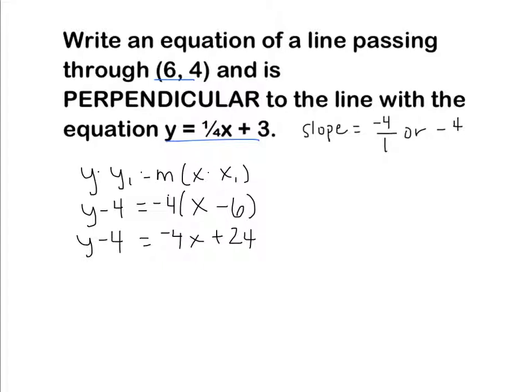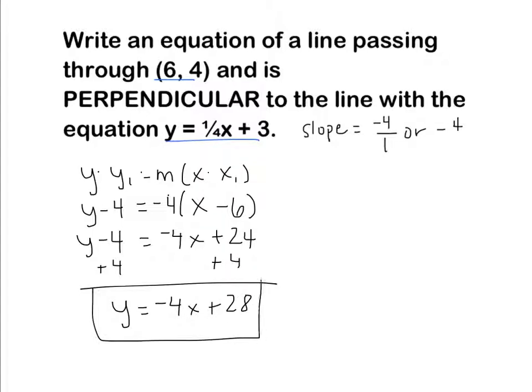Now to get it into slope-intercept form, I will add 4 to both sides, and it will be y equals negative 4x plus 28. That will be the equation of the line that is perpendicular to the line with the equation y equals 1/4 x plus 3 and passes through the point 6, 4.